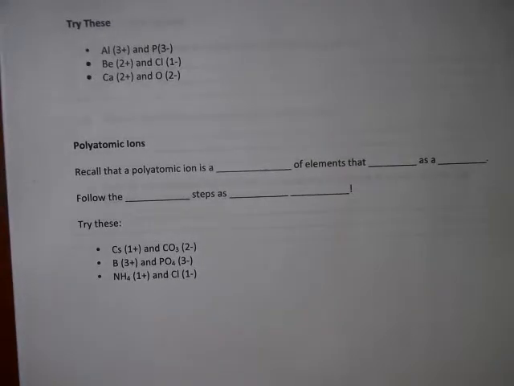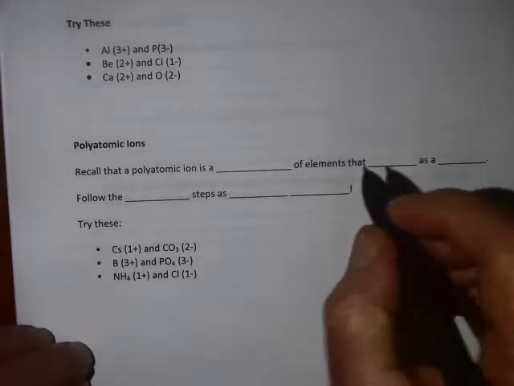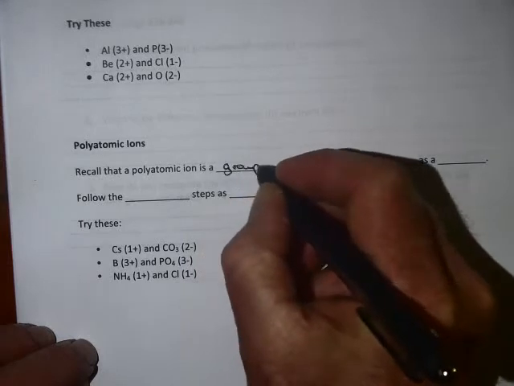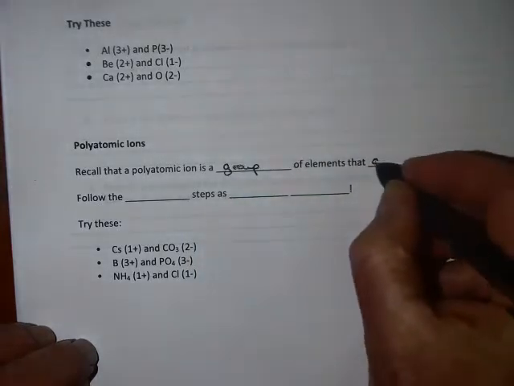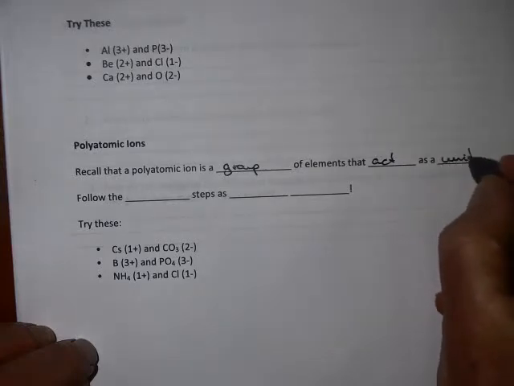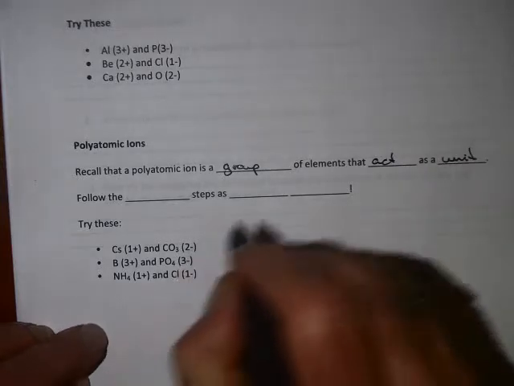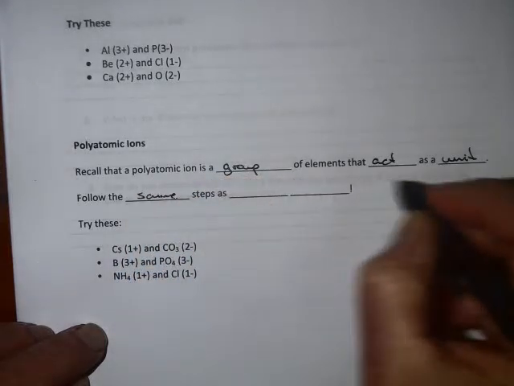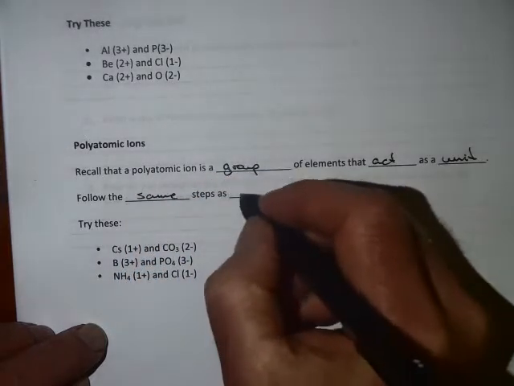Polyatomic ions. Recall that a polyatomic ion is a group of elements that act as a unit. Follow the same steps as listed above.